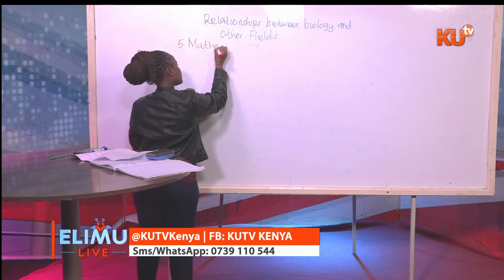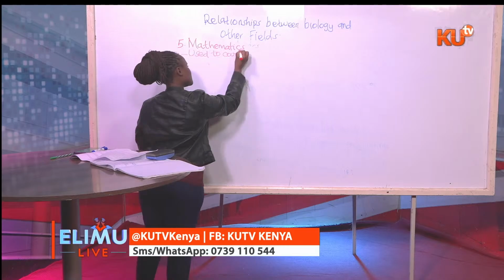How is biology related to mathematics? We know mathematics is all about counting and numbers. So it is used to count organisms.